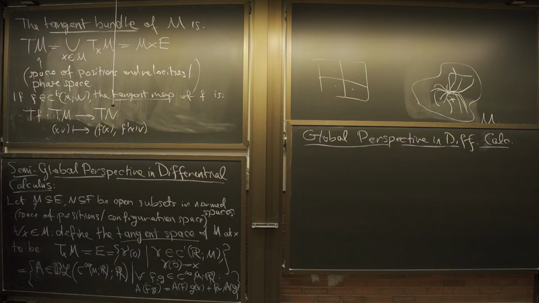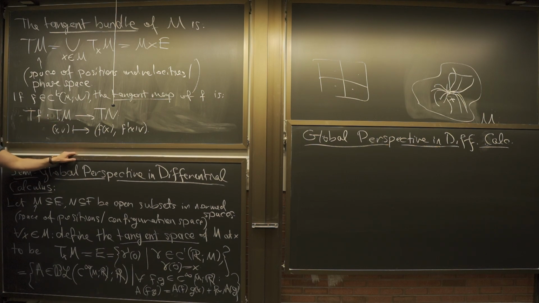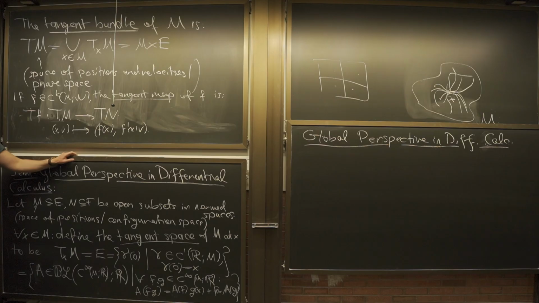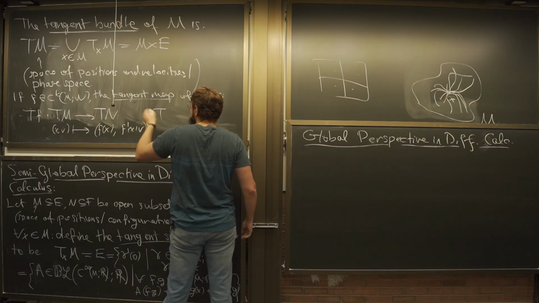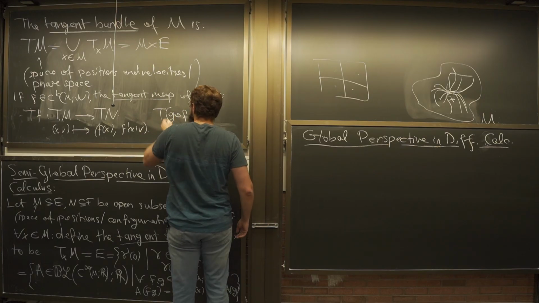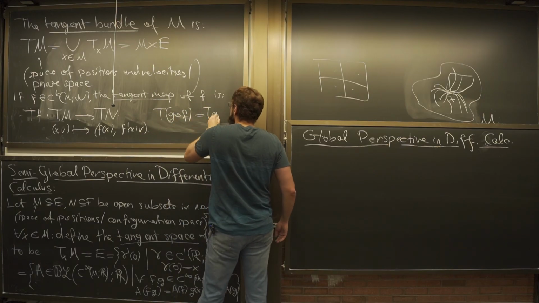One benefit of this notation is that it keeps track of base points, let's say in the chain rule, for you. Meaning, in this notation, if you have two functions that you can compose, we just write it like so.